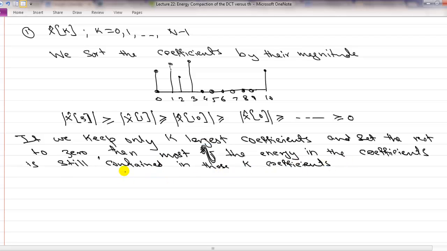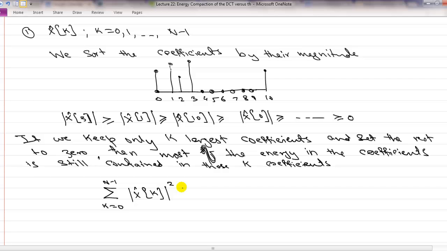For example, the total energy of your transform is given by the sum over k equal to 0 to n minus 1 of x hat of k squared. That's the total energy in your transform, and by Parseval's relationship, that is directly proportional to the total energy in your signal.